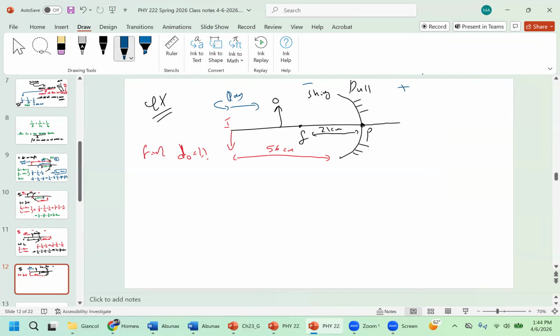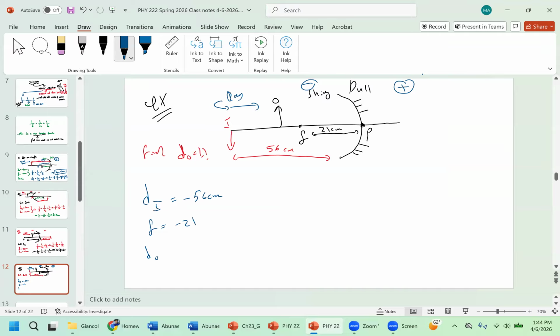Again, that means your distance for the image will be what? Negative 56 centimeters because it's a negative side. See, here's your negative side, here's your positive side. That means the focal length in this case would also be negative, which is going to be negative 21.